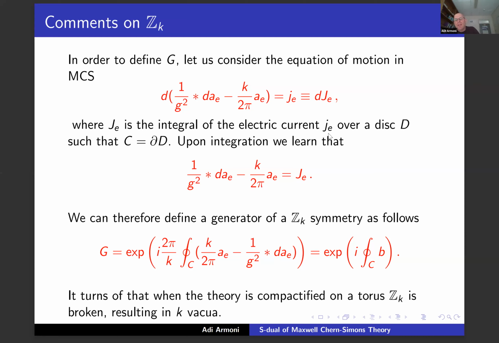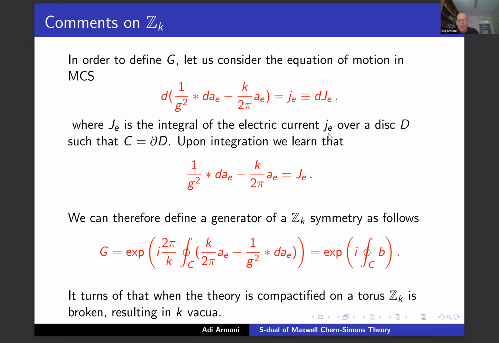So we see the advantage of the magnetic theory. In the S-dual, we had two fields, a gauge invariant AM and B. AM doesn't appear at all. And it's intuitive because AM doesn't know about topology, about Chern-Simons, about ZK. AM is just a gauge invariant vector, something that describes the massive piece of the theory and doesn't know anything about the topology.